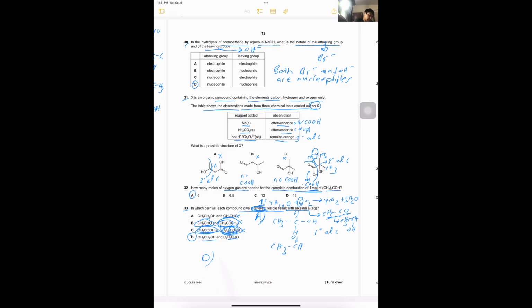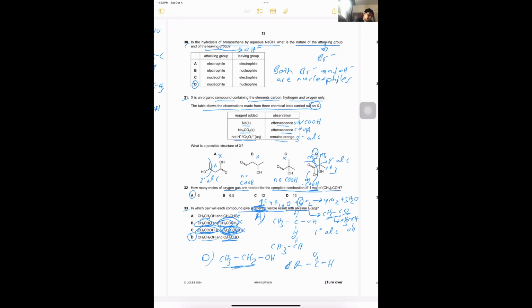This should be your possible answer, but yes, it does have CH3CH2OH, so it matches the first condition. And then the second one also has an alkyl group with a COH.